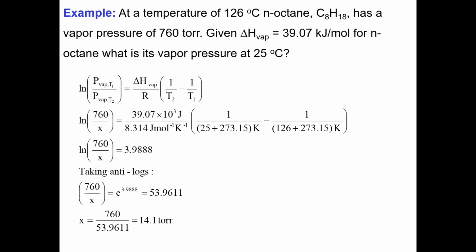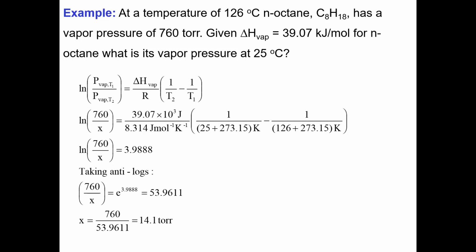Okay, so how do we apply it? Well, this is a classic example. If we look at the Clausius-Clapeyron equation, we'll see that there are 1, 2, 3, 4, 5 variables. And so a typical problem will be that you'll be given 4 of the variables and have to solve for the missing one.